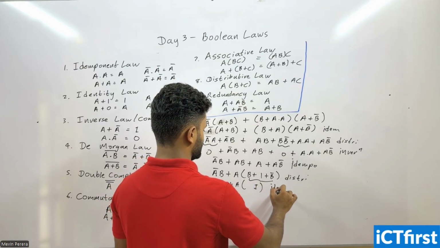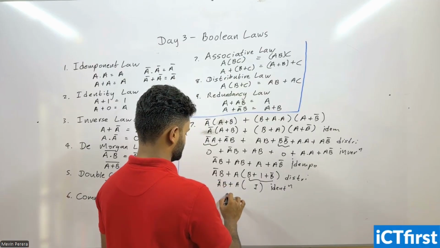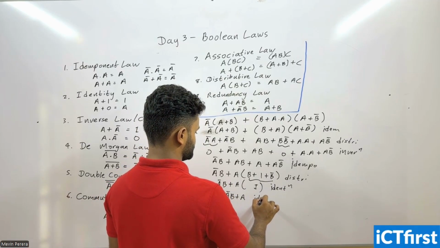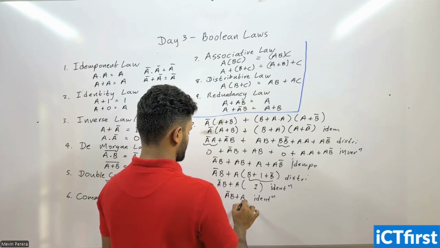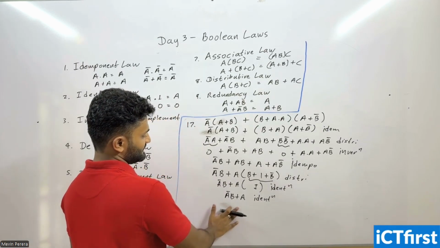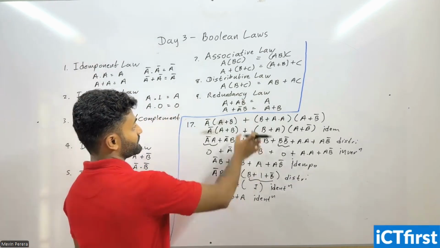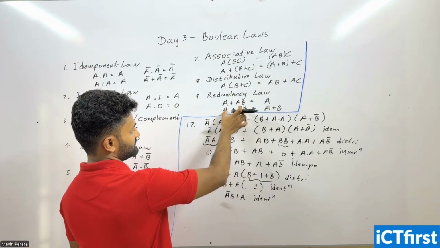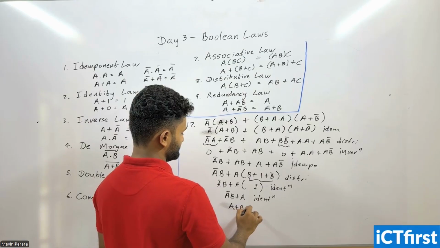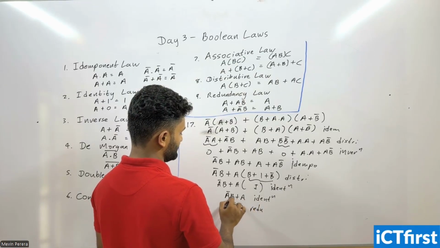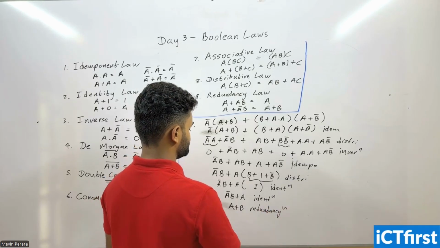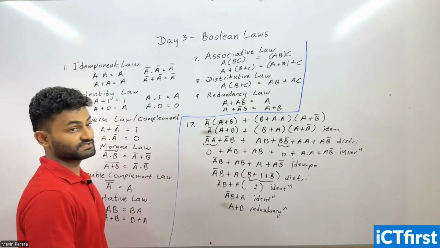This is the identity law. I take A to the outside. In this case, I can straight away put this redundancy law, so the answer is A plus B. Redundancy, because here we have A bar. So this is the redundancy law, and this is the answer for the 17th one.